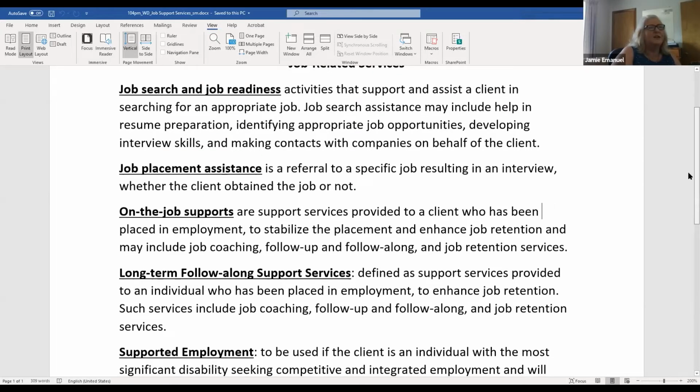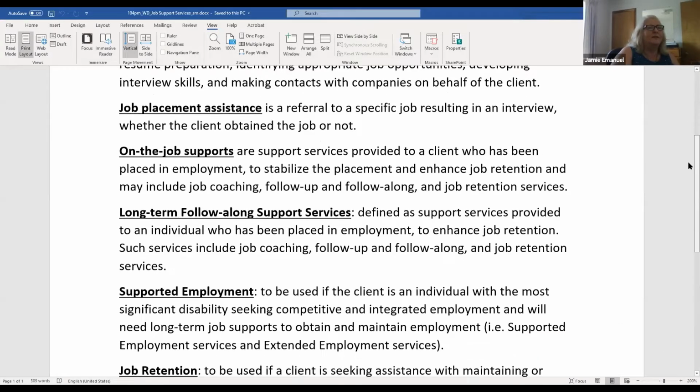So this is defined as a support service provided to an individual who's been placed in employment. And this also enhances job retention. So they get to the job site, they start working and then they may become overwhelmed. They may not be understanding the instructions, and this is where we put a lot of on-the-job supports in place.